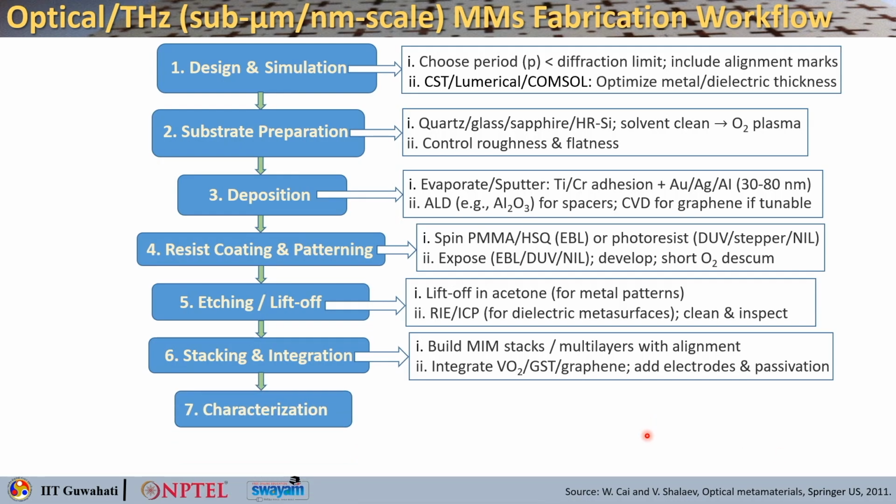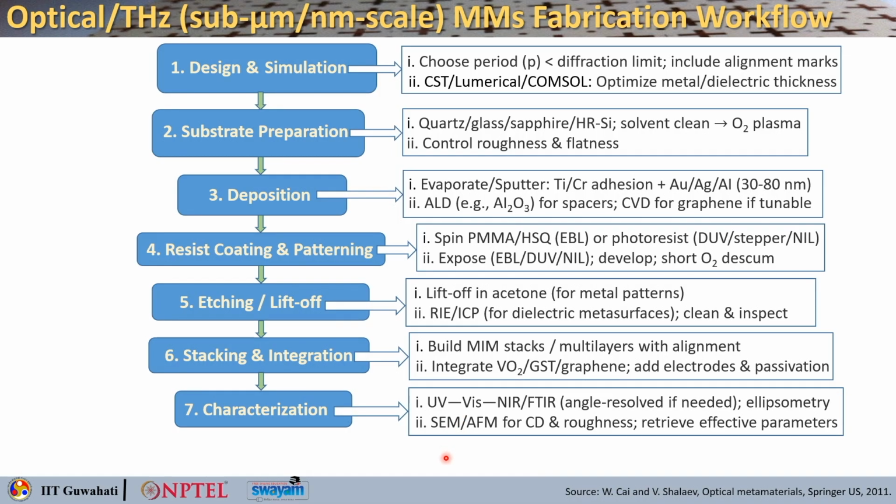And once the device design and fabrication is complete, you go to the characterization step. There you can use UV visible NIR, FTIR, that is basically Fourier transform infrared spectroscopy. Sometimes you also go for angle resolved measurements, to measure the transmittance, reflectance and absorption.